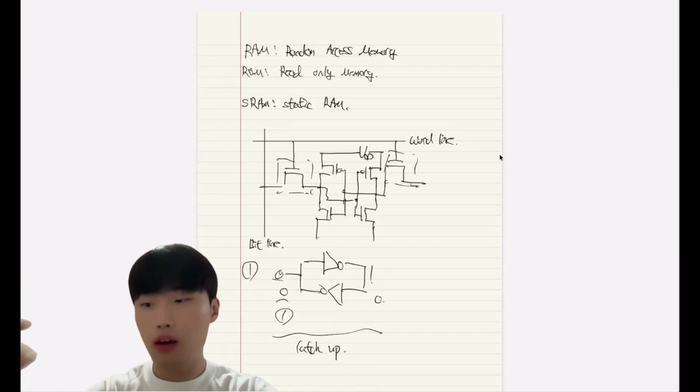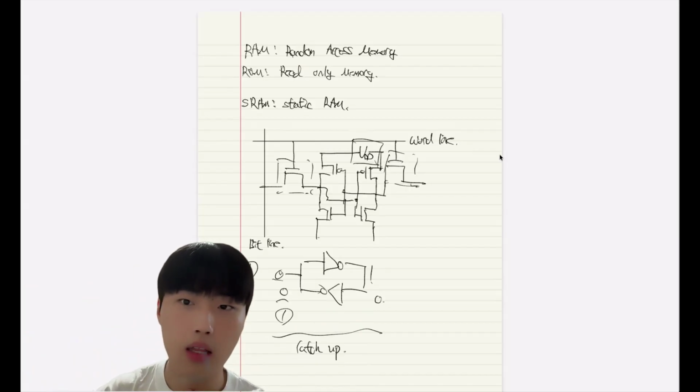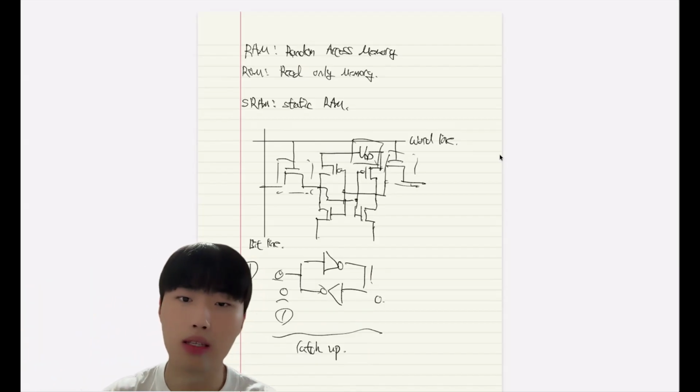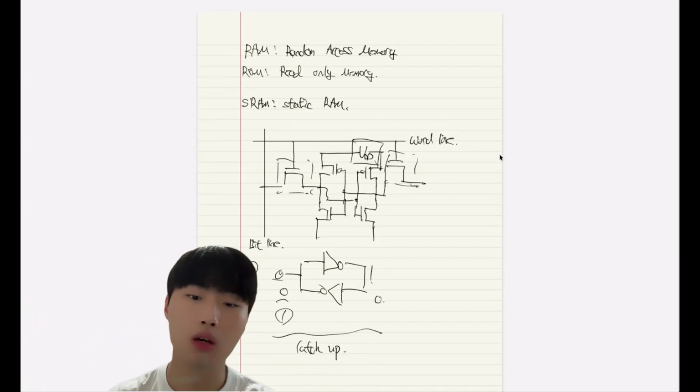When the word line is always on, the memory will always be sustained. But when the VDD goes to zero on the CMOS side, the memory goes away.